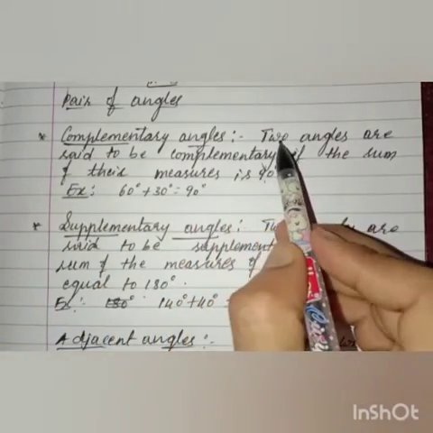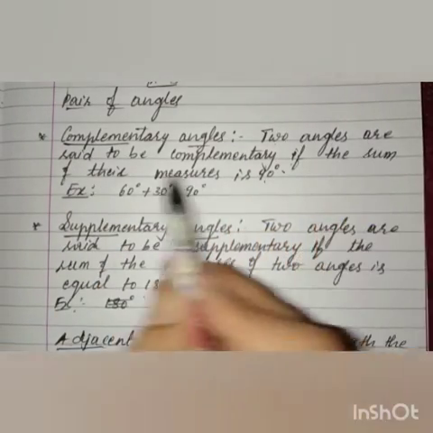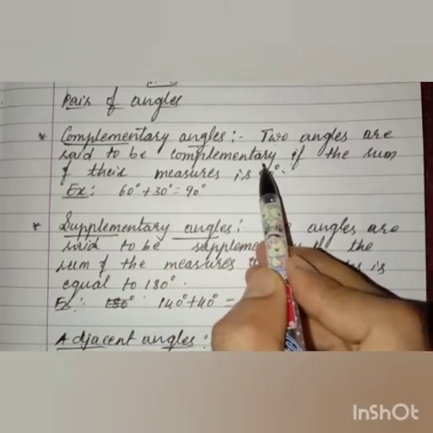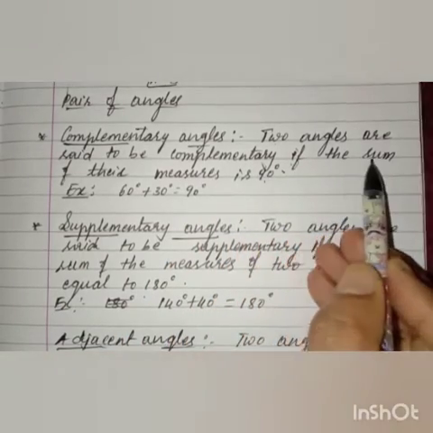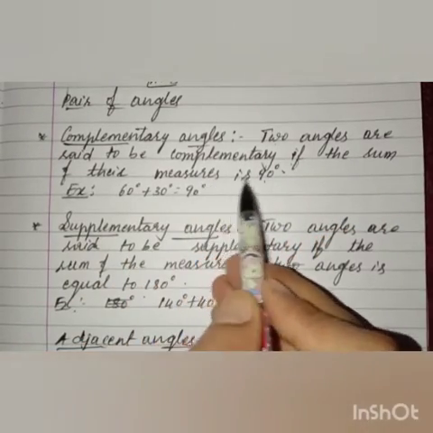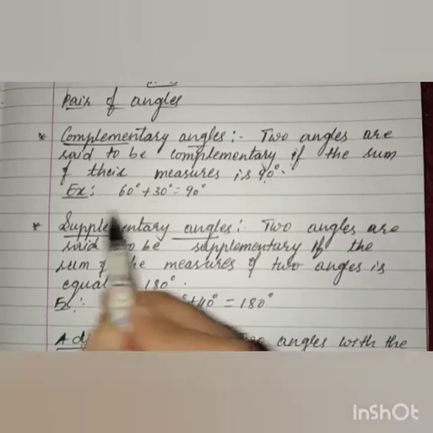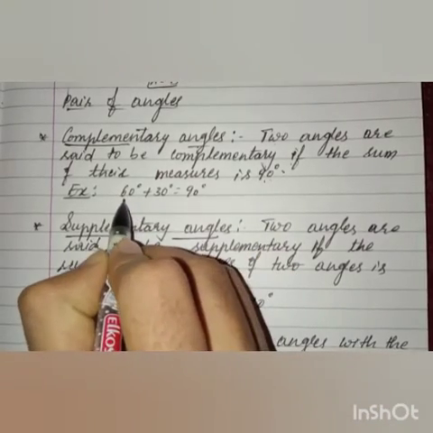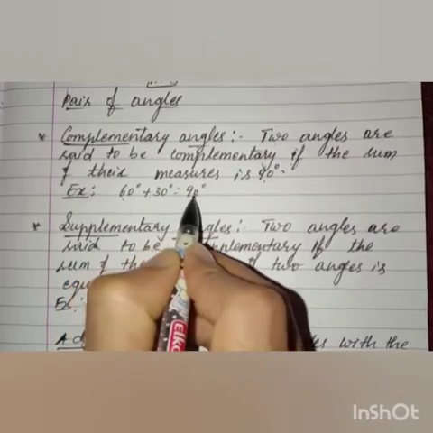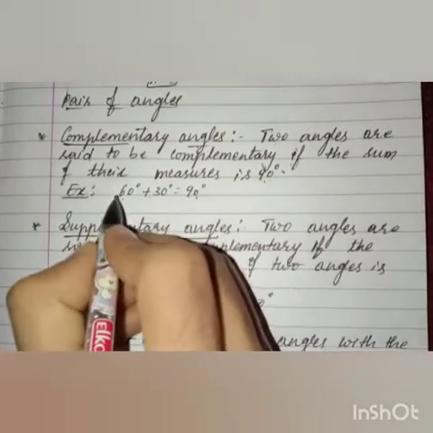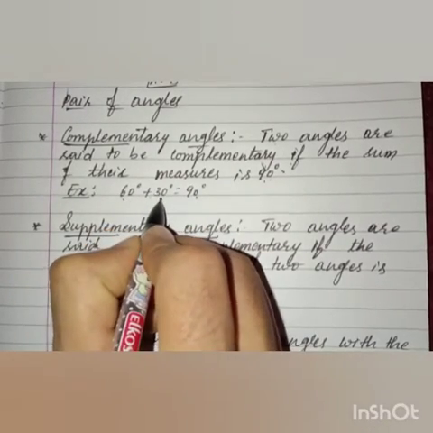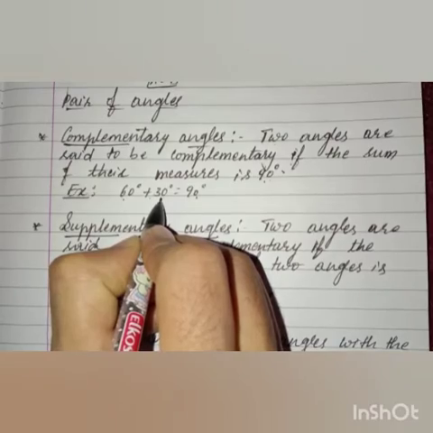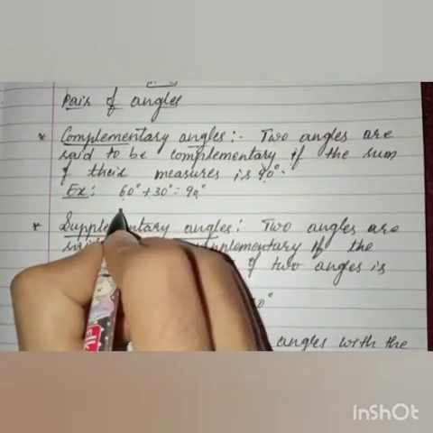Look at the example here: 60 degrees plus 30 degrees is equal to 90 degrees, right? So 60 degrees is the complement of 30 degrees. Got it, children?